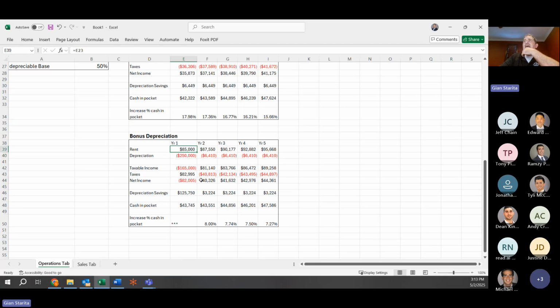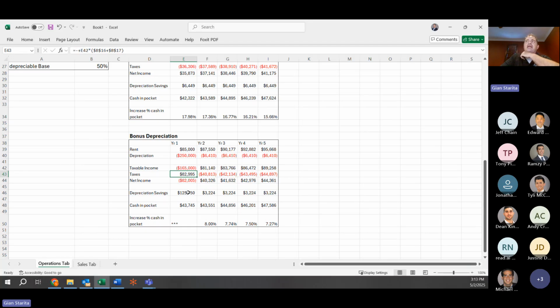So I have 85,000, and I would normally be paying taxes on my 85,000. I take my accelerated depreciation. This is an extreme example on purpose, by the way. I take my depreciation expense under that cost segregation study, and now my taxable income is actually a negative number, and I'm getting money back in taxes.